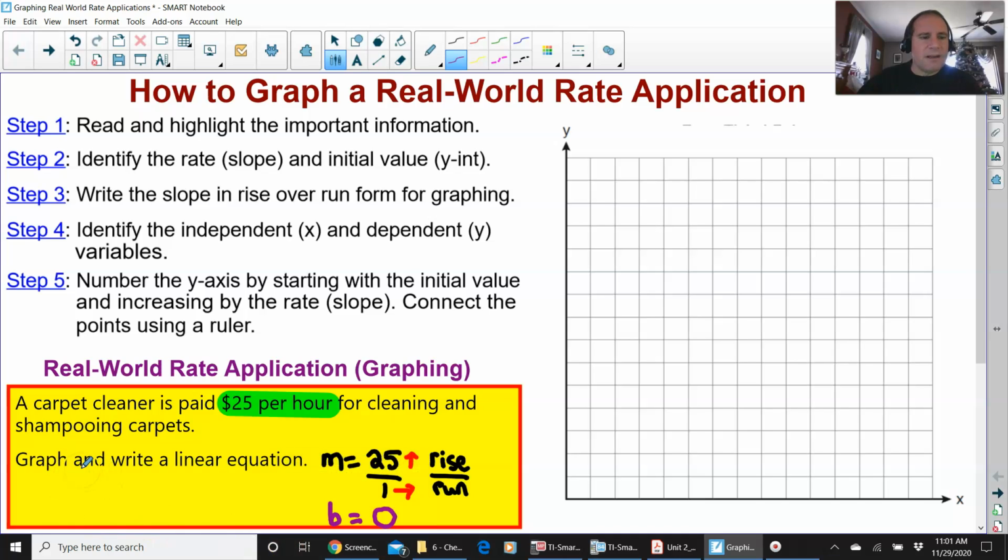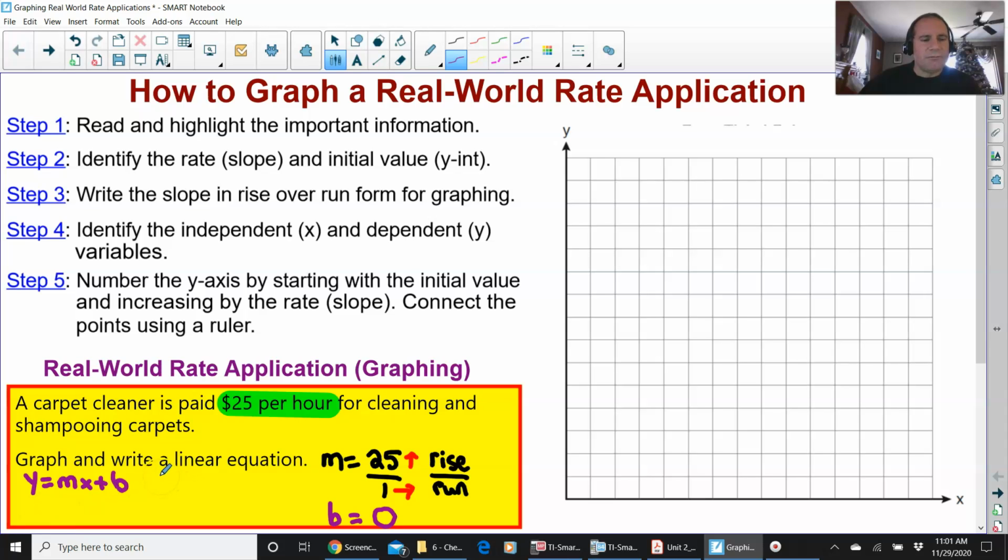So it says graph and write a linear equation. So anytime that we are writing a linear equation, it is in that format, y equals mx plus b. The m is the slope, the rate, and the b is the y-intercept. So I already have my m of 25 and a y-intercept of 0.